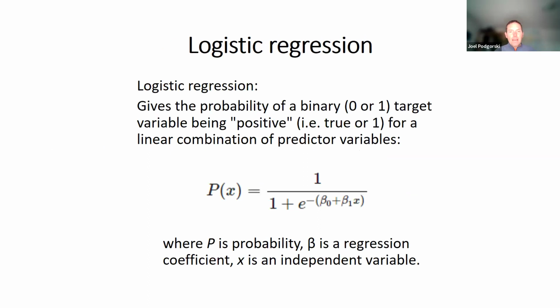I already talked about logistic regression, actually. It's predicting a binary variable, and the output is a probability. It varies from 0 to 1, so 0%, 100%. It's quite easy to use.